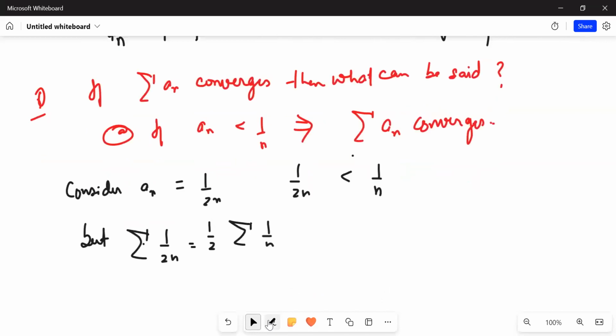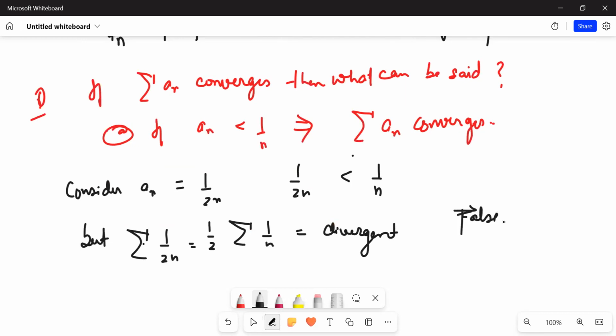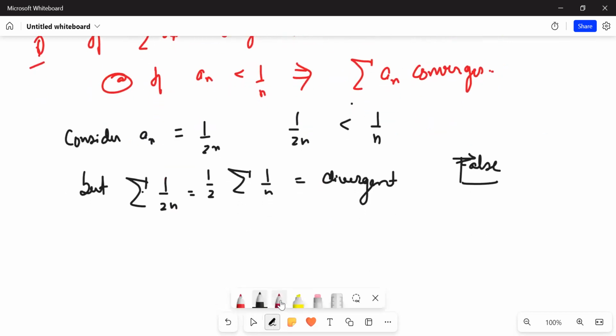And I have already proven that summation 1 upon n is divergent. It implies this is divergent. So therefore, this statement is false. That is, if an is less than 1 by n, it does not necessarily imply that summation an would be convergent. Here is a counterexample to assert my case.